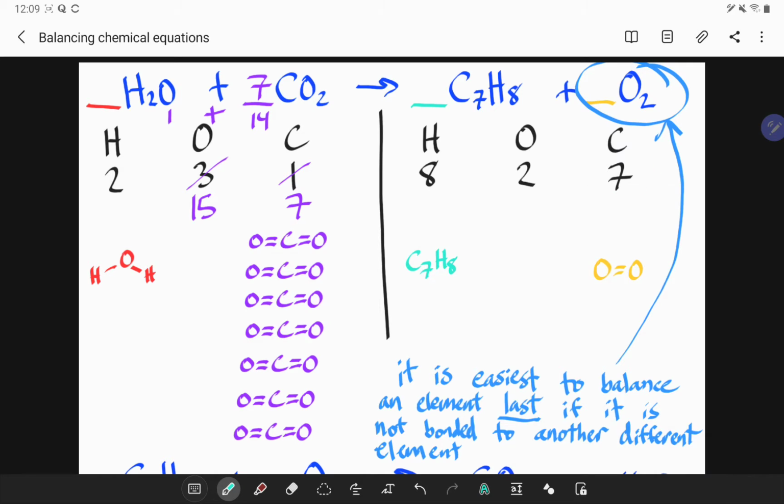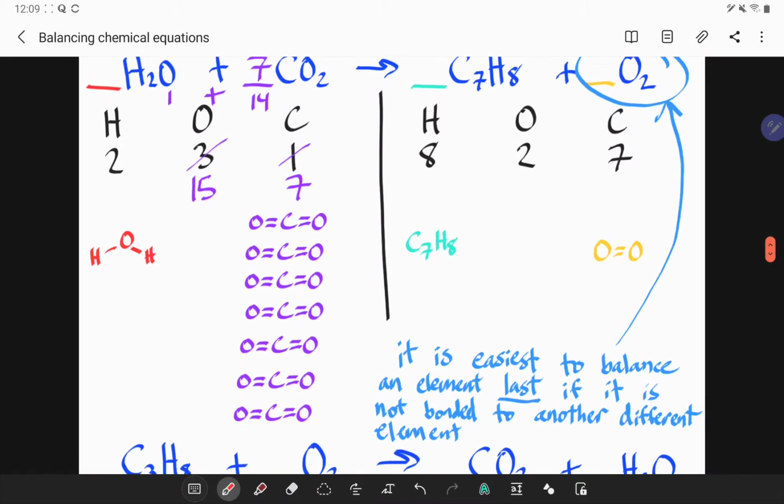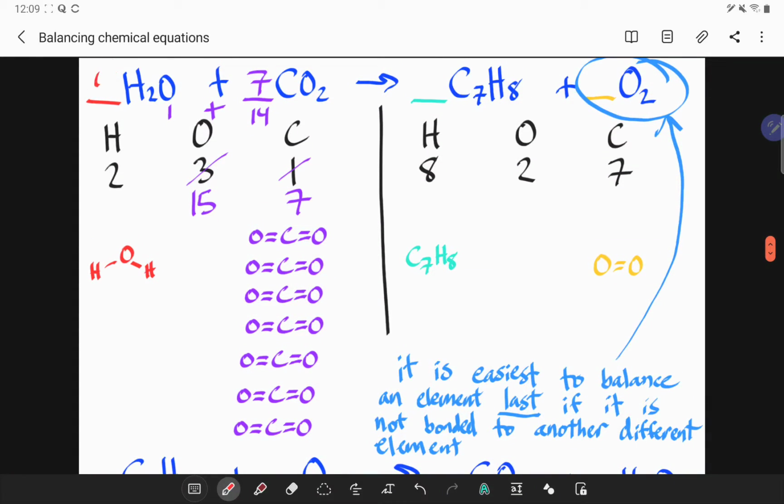But we're doing oxygen last, so that means we're going to do hydrogen next. I notice I have 8 hydrogens on the right side. So what number do I need to insert here to change the number of hydrogens to 8 on the left side as well? Well, if I put a 4 here, then now I have 4 times 2 equals 8.